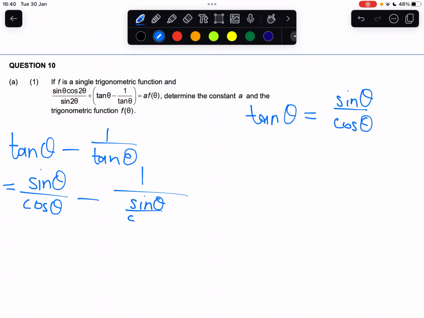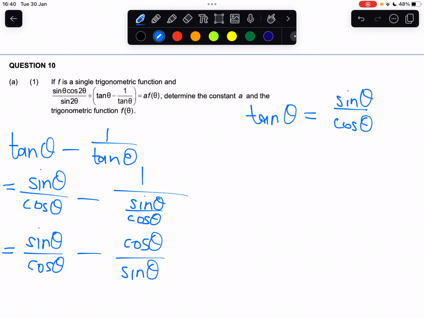Right. So I've just replaced tan theta with sine theta over cos theta. Right, so that will stay as is for now. What I want to simplify is this fraction. So maybe it's easy to see straight away that that is just the inverse. I mean, that is the definition of an inverse, right? When you talk about the inverse of a number.